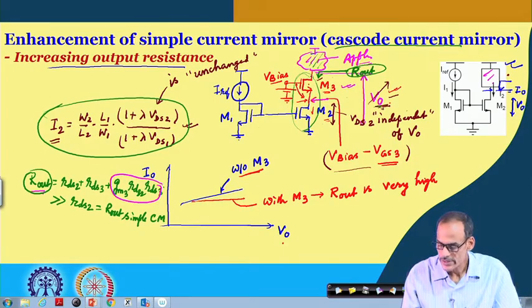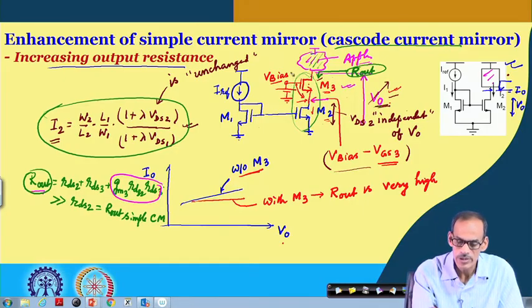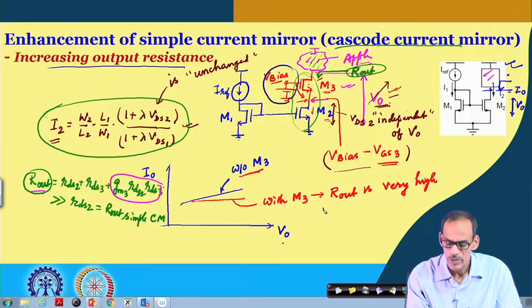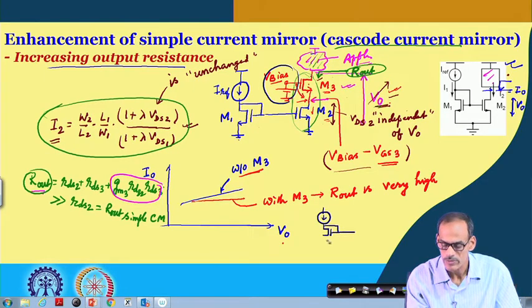The practical circuit has a slight modification. Instead of having an independent bias here, we prefer to have that bias free. So, we can place one more transistor in diode connected form in the left branch to create a bias for transistor 3. So, we can have the left branch like this.